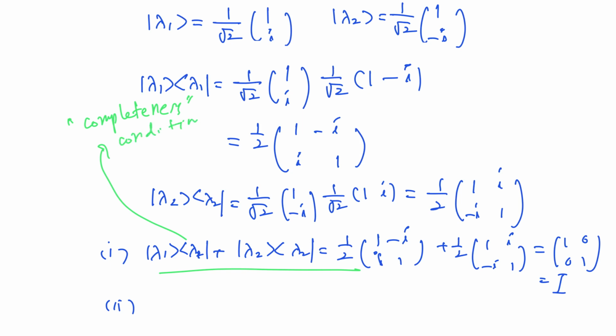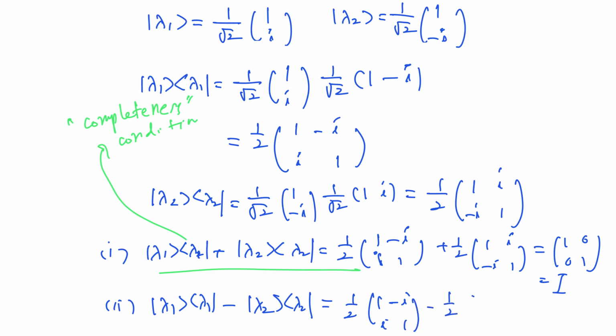Let's check the spectral theorem. Lambda 1 minus lambda 2, which is 1/2 (1, minus i; i, 1) minus 1/2 (1, i; minus i, 1), which is (0, minus i; i, 0), and this is the same as Y, right?